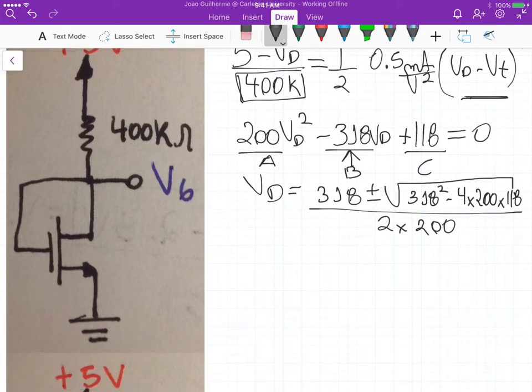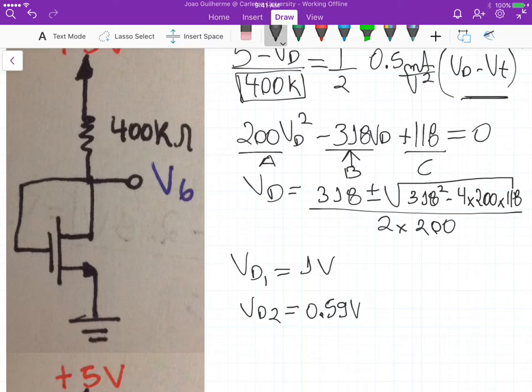Okay, if we solve this quadratic equation, we get two answers. I'll call VD1, that is 1 volt, and VD2, that is 0.59 volts. Now, which one do we pick? 1 volt or 0.59 volts?